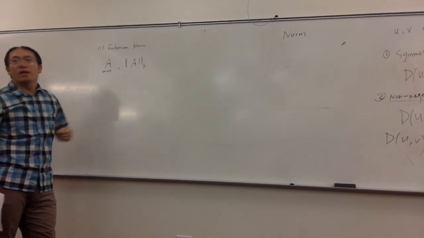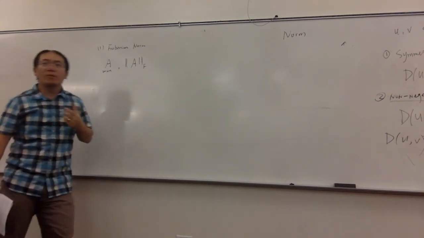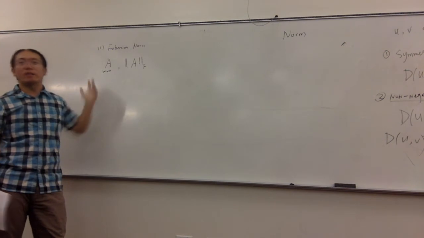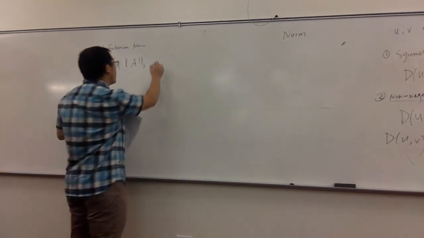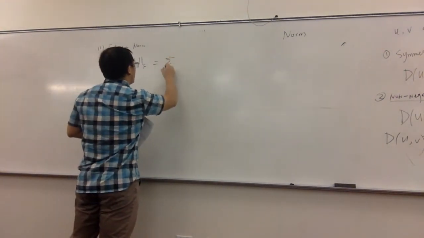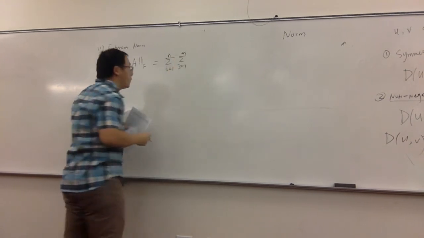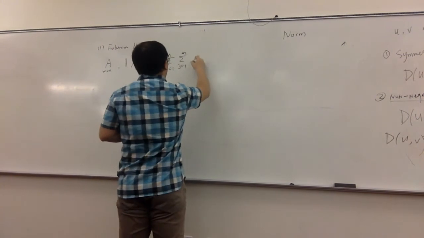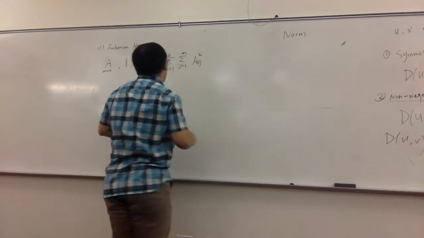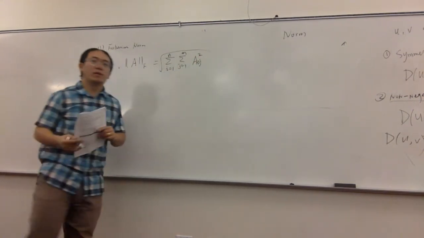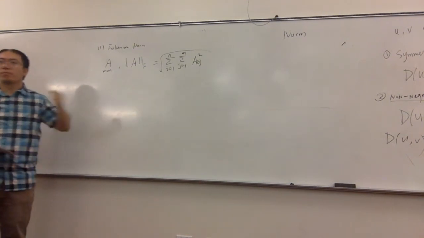You just take the sum of squares of all the elements in A and then take the square root. So basically, we add the square of each element a_ij, squared, and then take the square root. That's the Frobenius norm. Very simple.